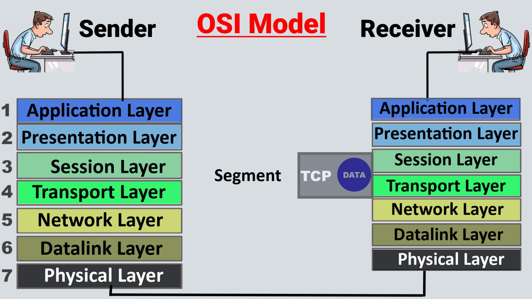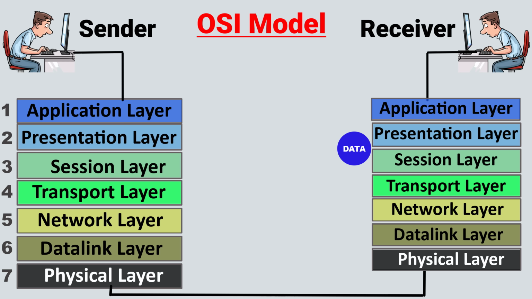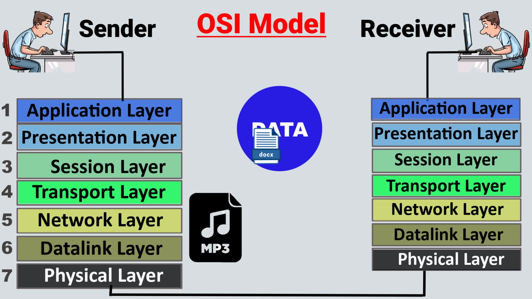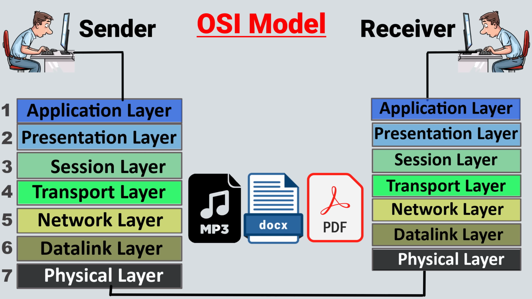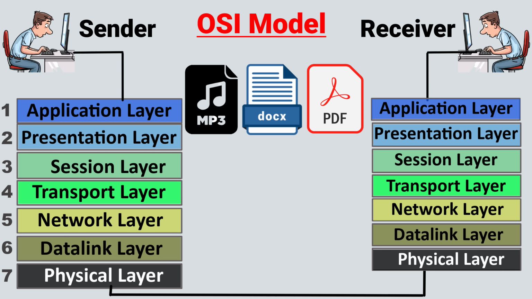The transport layer receives 4 packets, converts them into one segment and sends that segment to the session layer. After receiving it, the session layer sends a message to the sender that they received the data, or the 400 pages as per the story, and the session or connection between sender and receiver is disconnected, and the session layer sends this data to the presentation layer. The presentation layer converts the data into the same format as it was sent, like .mp3, .docx or .pdf format, so the application can understand the data at the application layer, and the application layer opens that data in that specific application.